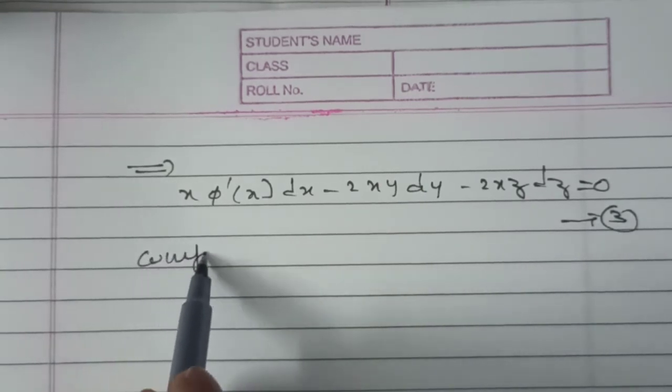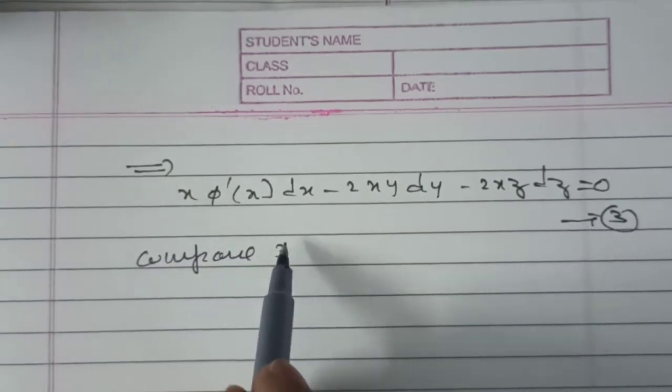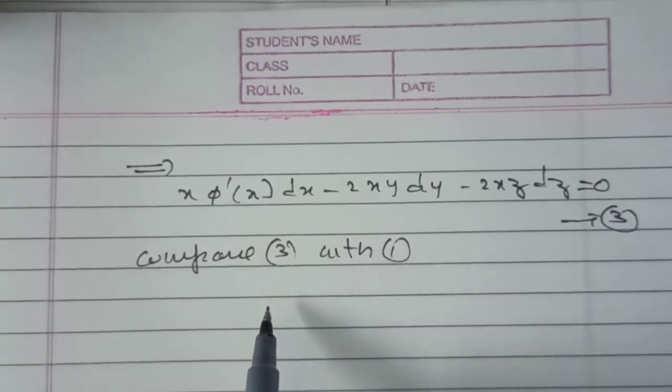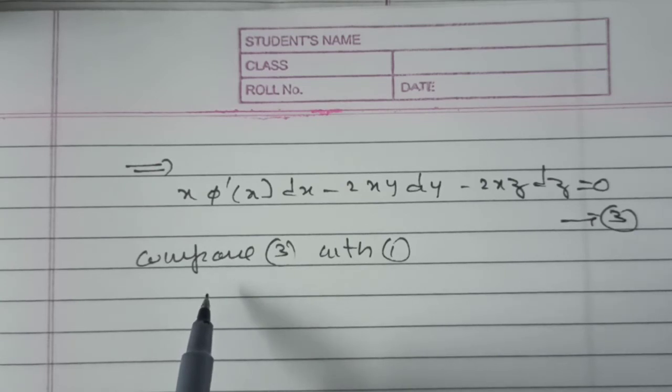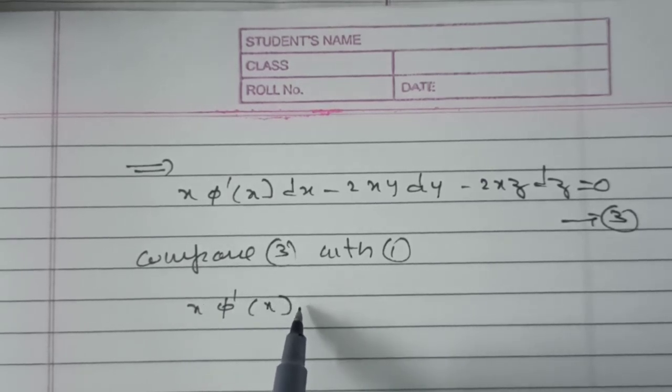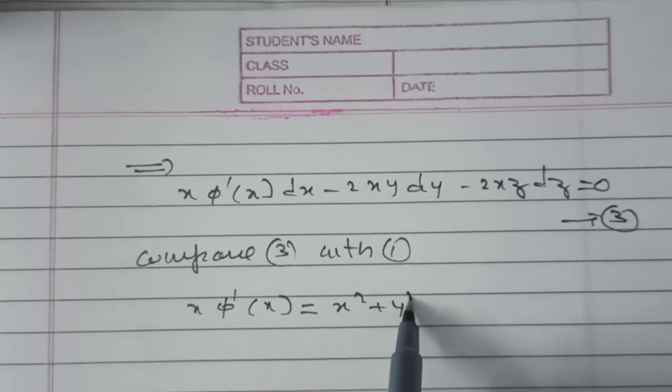Compare 3 with 1. So that x phi dash of x is equal to x square plus y square plus z square.